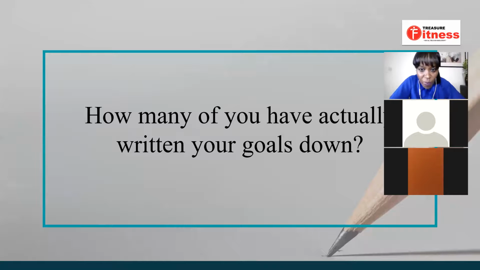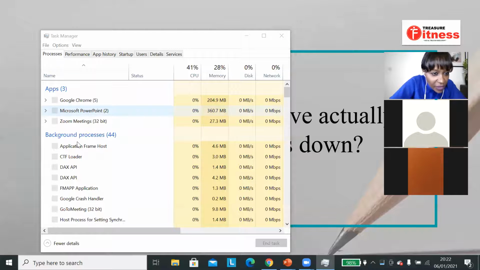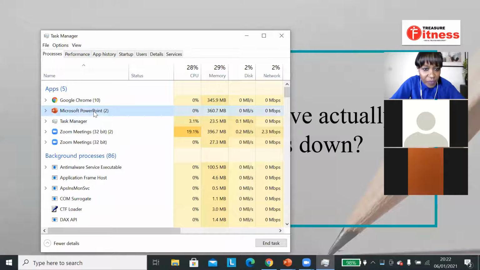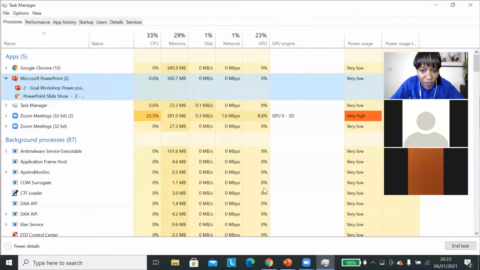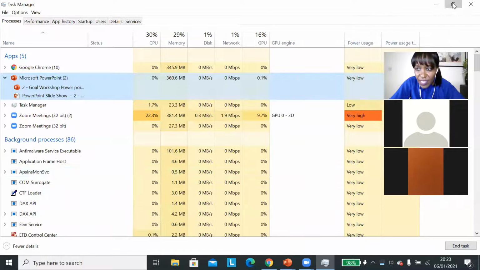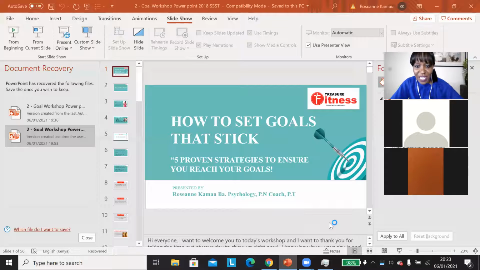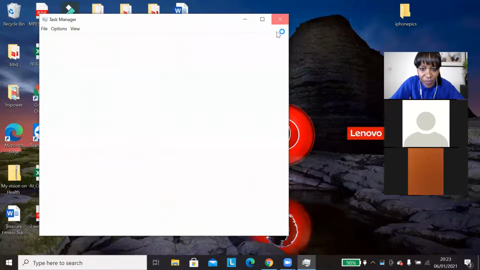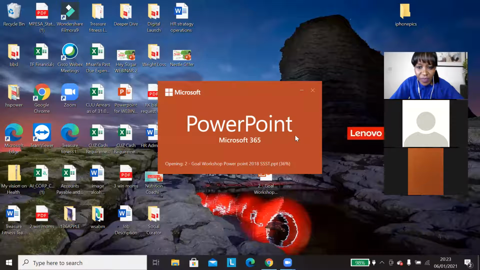It just freezes on me. Task manager, give me 2 seconds. Stop share. This is PowerPoint. Sorry, give me 2 seconds. This happens sometimes with my laptop where I need to end this task because it just freezes for whatever reason. So I'm going to relaunch it again here.